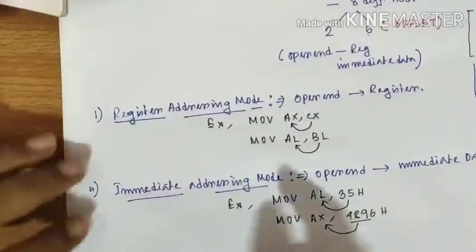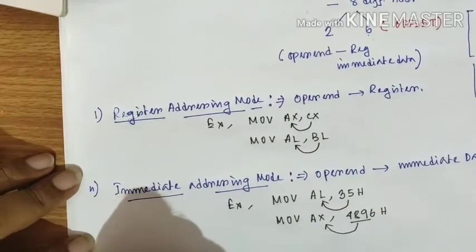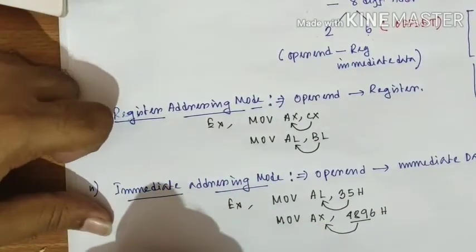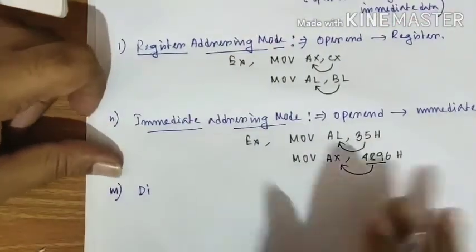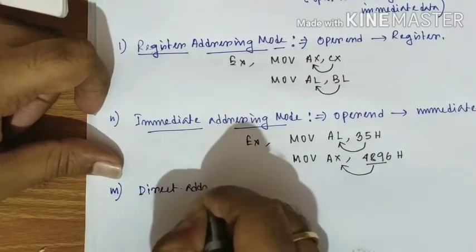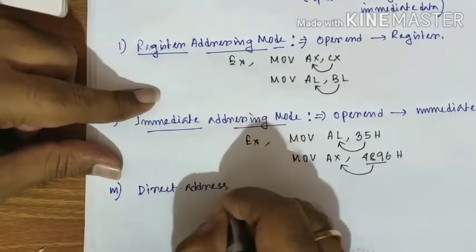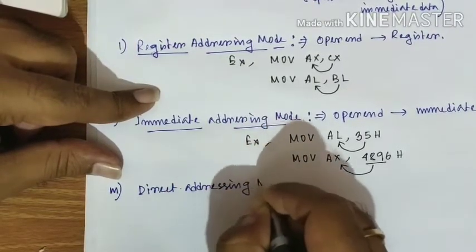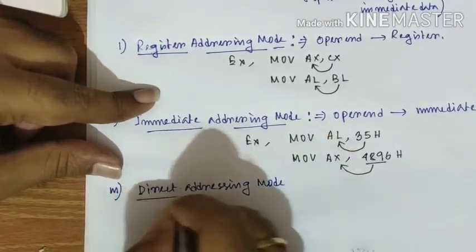So here it is number 3, direct addressing mode.